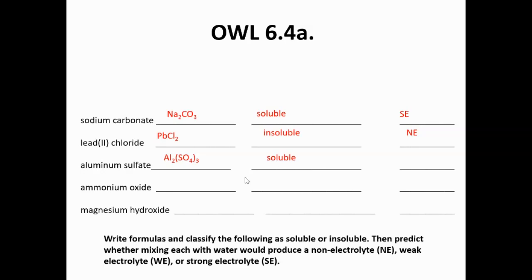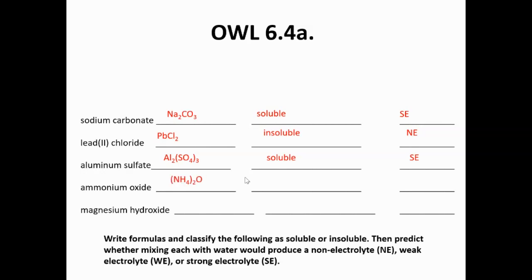Therefore, aluminum sulfate is soluble. Knowing that it's soluble, we can then say, okay, a soluble salt will always form a strong electrolyte. So you have to get the formula, you have to apply your solubility rules. Depending on the solubility, you will figure out if it's a strong, non, or weak electrolyte.